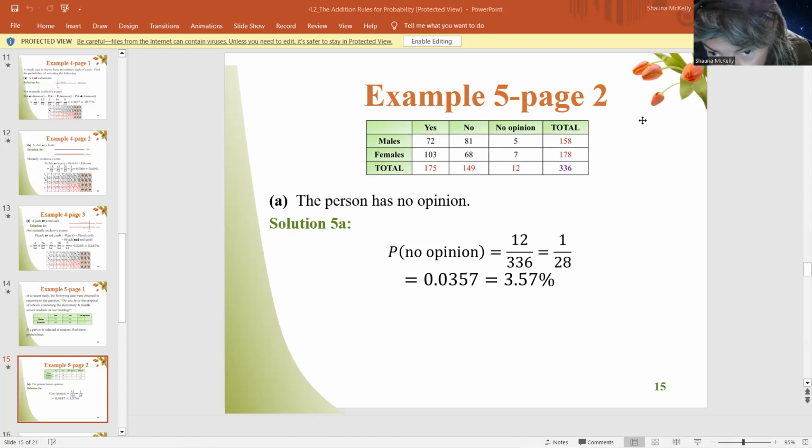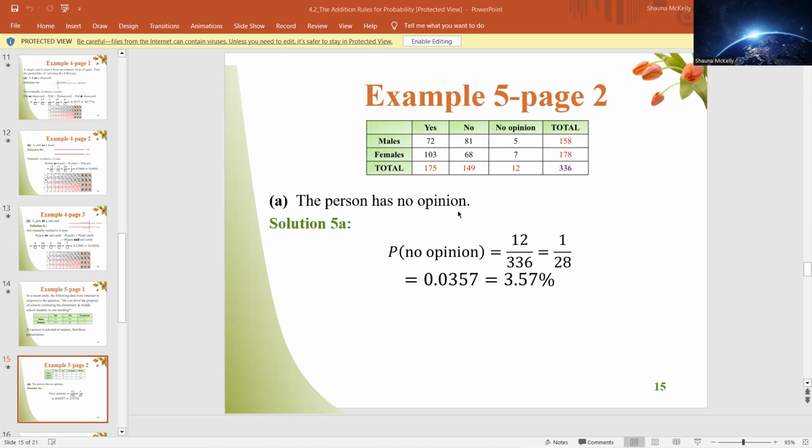All right, so now I'm going to answer this question. The person has no opinion. Well, find the people who have no opinion. That's 12 people right here. Total of 12 out of the total number that you talked to, which is 336.